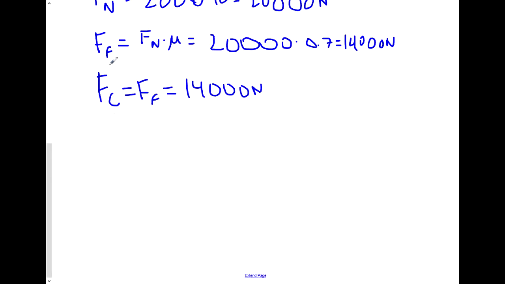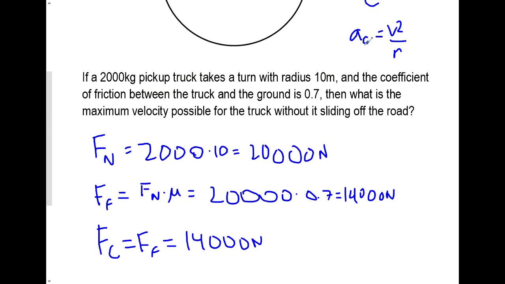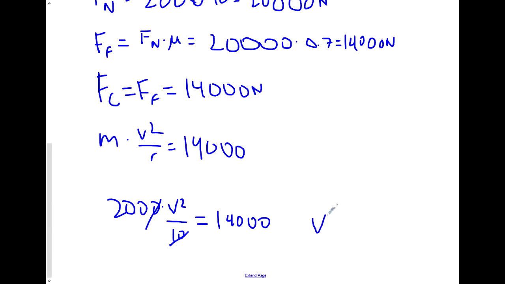Then centripetal force also equals the mass of the car times the centripetal acceleration, which we saw up here equals v squared over r. And then we get v equals 8.4 meters per second. So 8.4 meters per second is the maximum velocity you can take this turn successfully at.